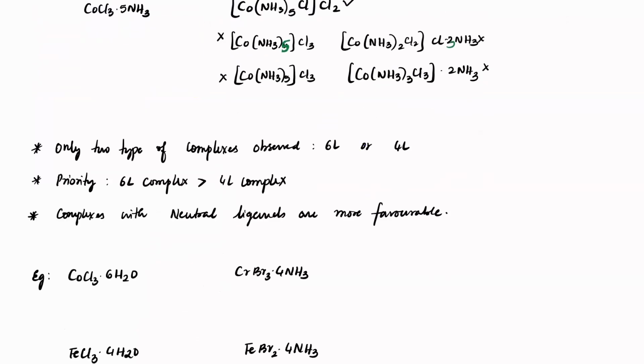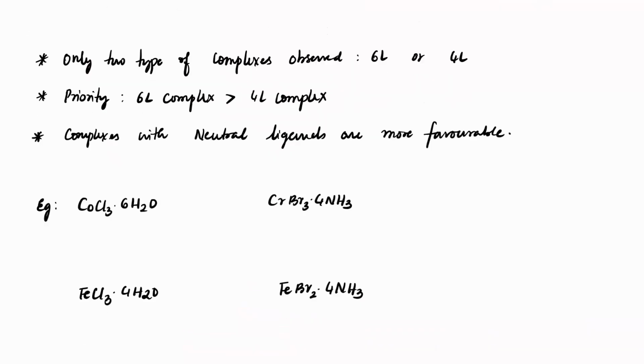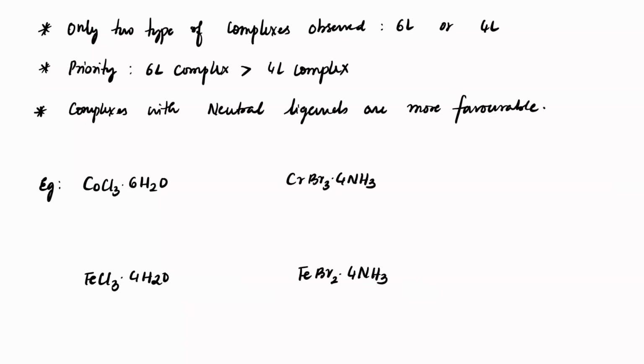So remember that there are only two types of complexes, six ligands or four ligands. Priority is always given to six ligands as compared to four ligands. Complexes with neutral ligands are more favorable. That means ammonia will be more favorable to make a ligand connection with metals. So notice this one. If the example is given this way, we need to represent these molecular formulas in complex form.